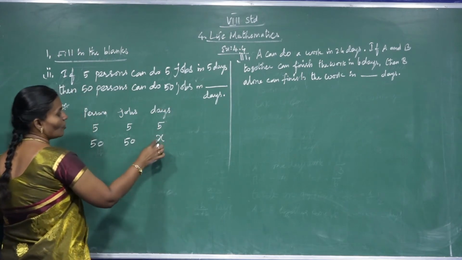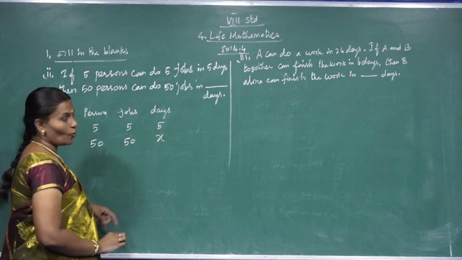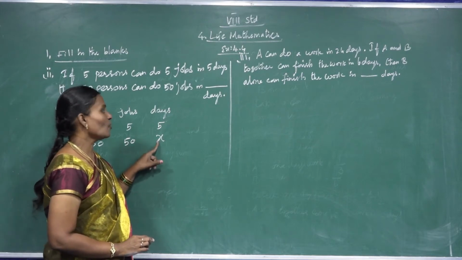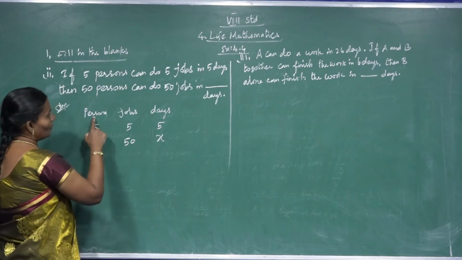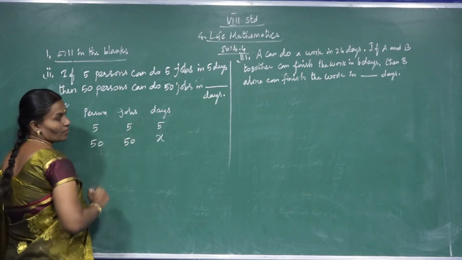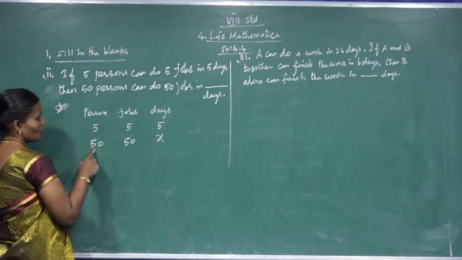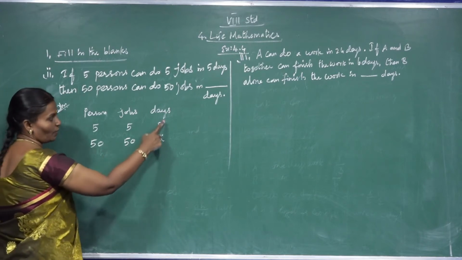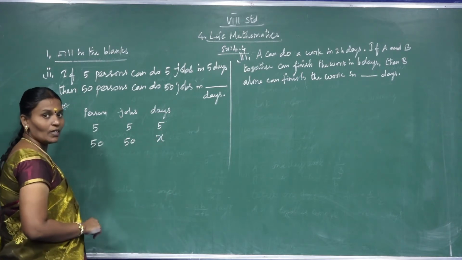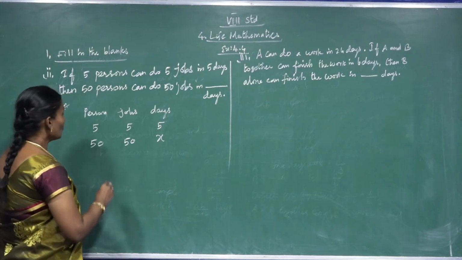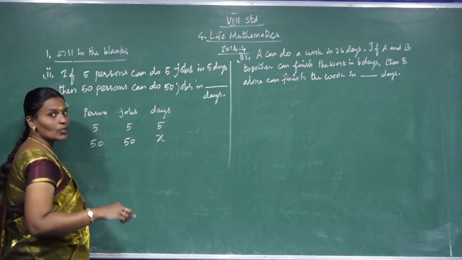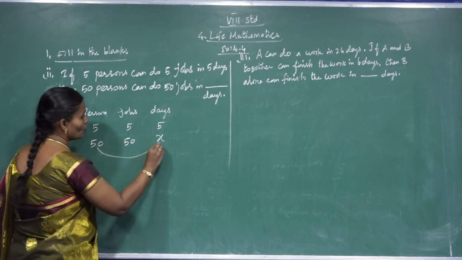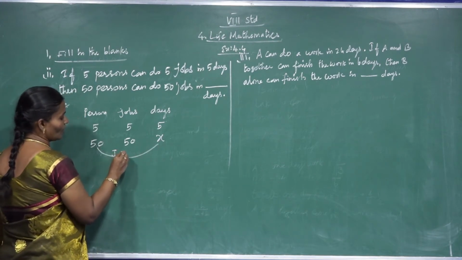The number of days is unknown, so you consider x. Now compare persons with the days. If persons increase, definitely the working days will decrease. If one increases and the other decreases, that is inverse variation. So these two are in inverse variation.